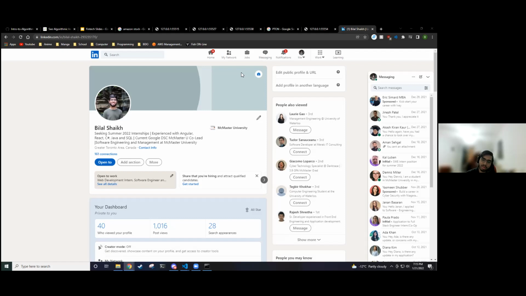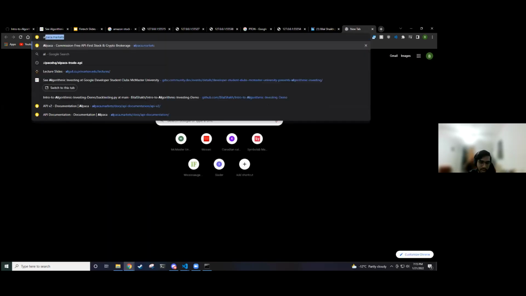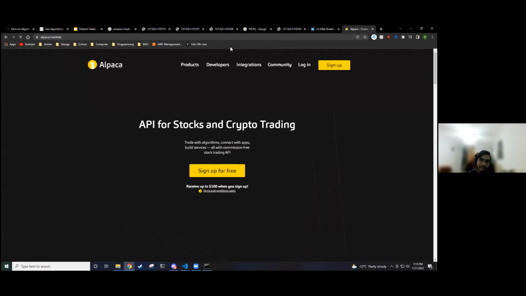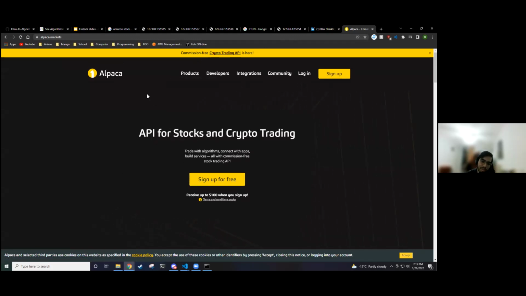One platform I can suggest to you guys, if you want to trade, is maybe Alpaca. That's something I've been looking into previously. It's pretty nice if you want to learn about this. It's commission free and everything, and you can play around with the API. It's much more complex.